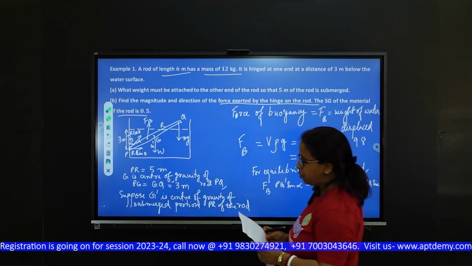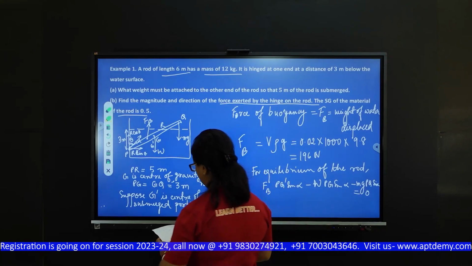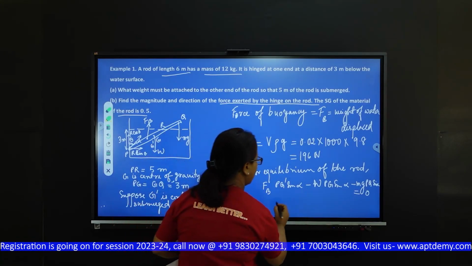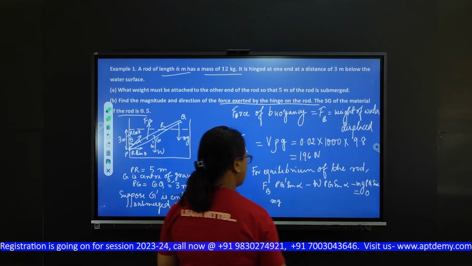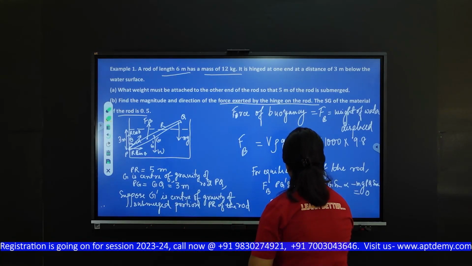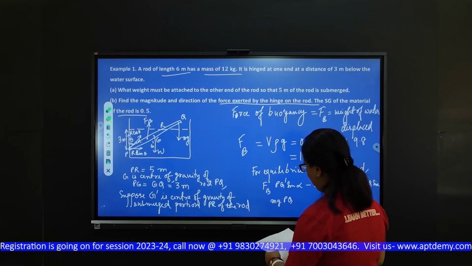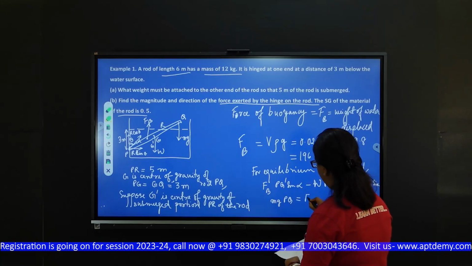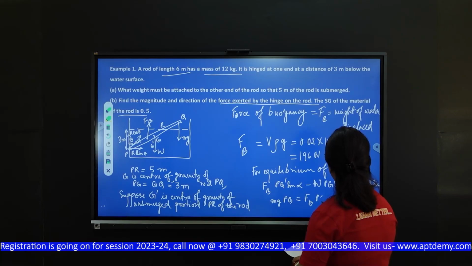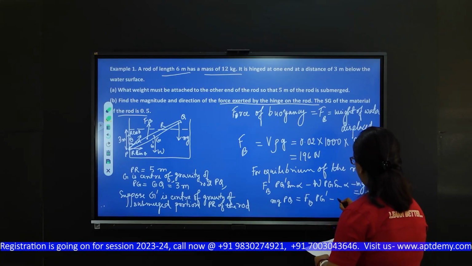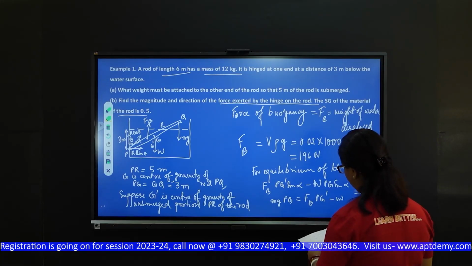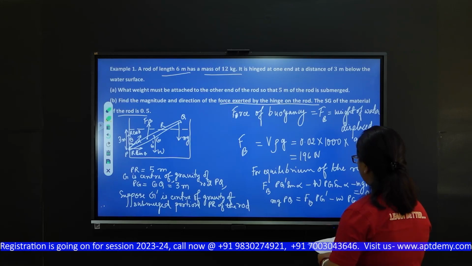So ultimately if we work this out, we get mg, and this sine alpha gets cancelled out on all sides. We have PQ here, and we have FB PG dash minus W, and this is PG.